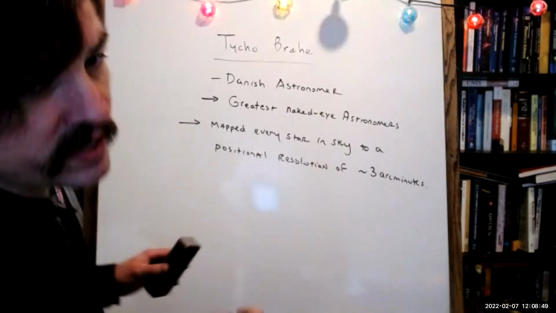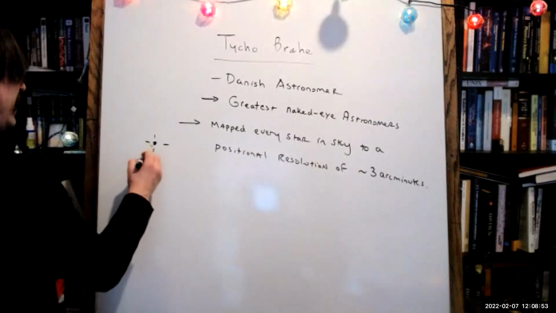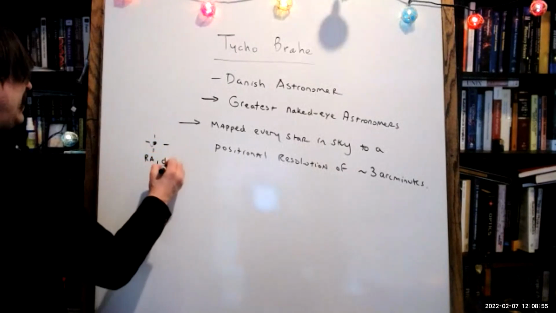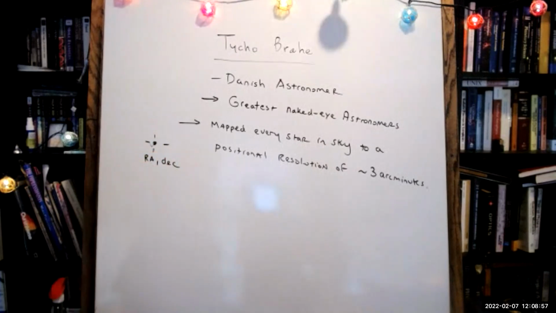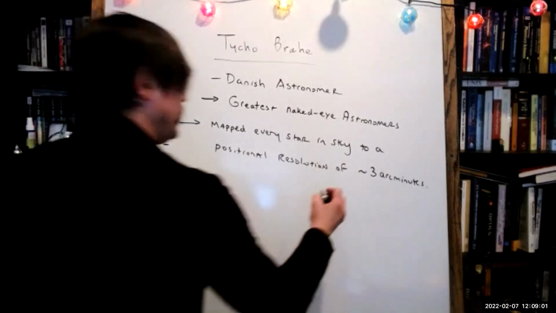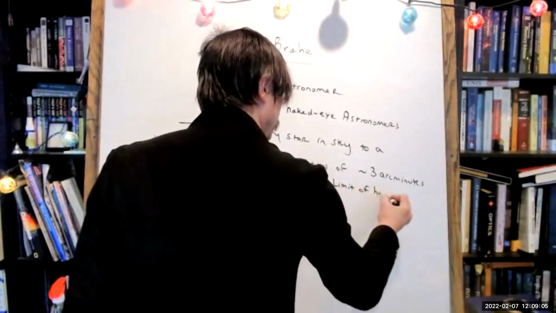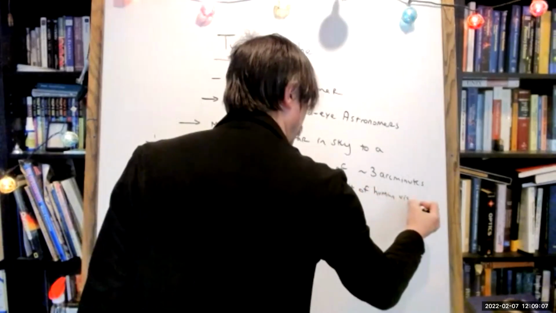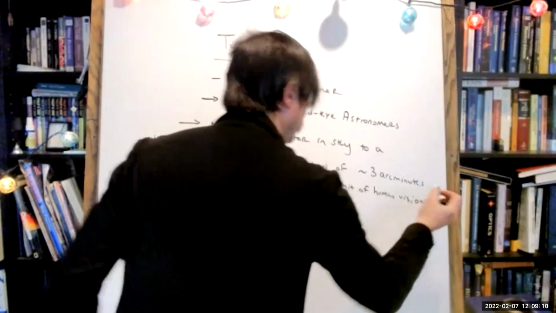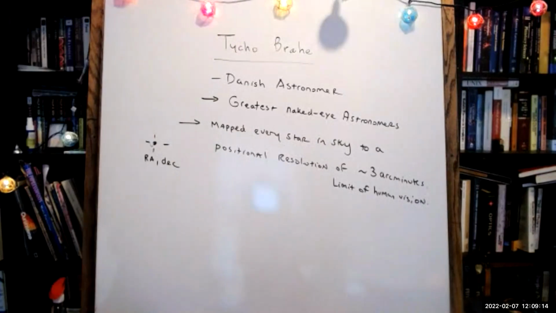In other words, he knew the right ascension and the declination of every star in the sky to within 3 minutes of arc. That's considered impressive because this is the limit of what human vision will allow. He could not have done any better without a telescope, in other words.